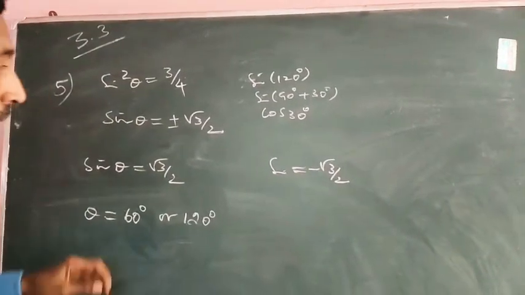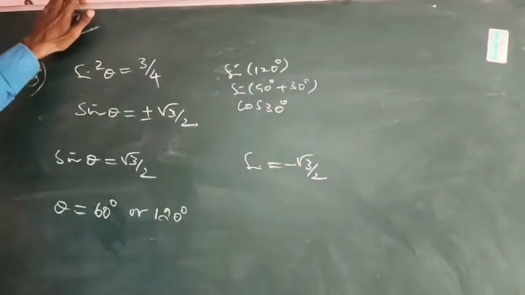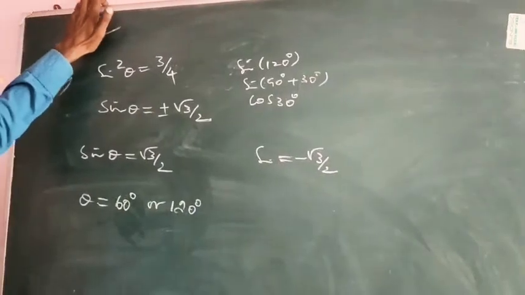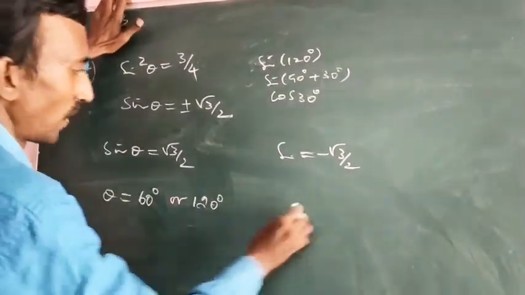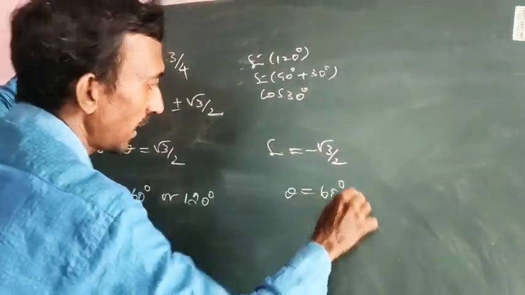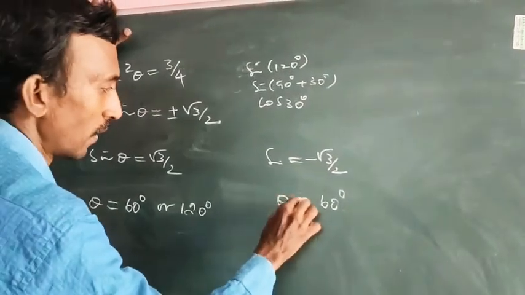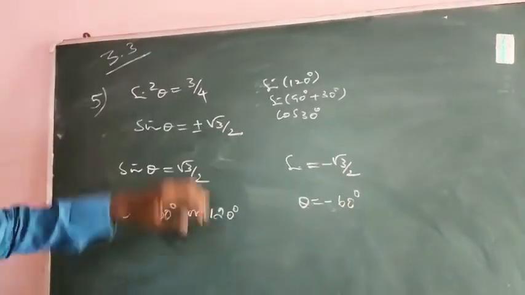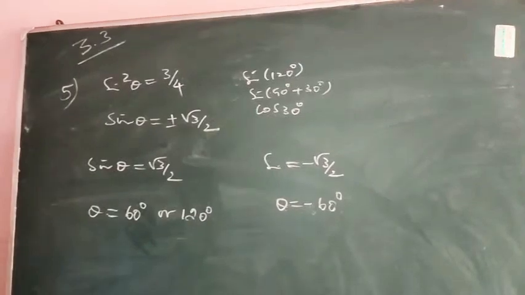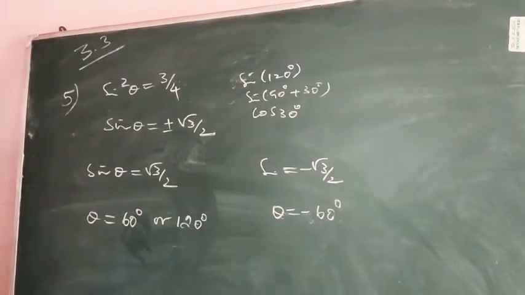Similarly, since sin of minus theta is minus sin theta, we can get the first answer easily, minus 60 degree. We have to check whether any other angles are possible or not.